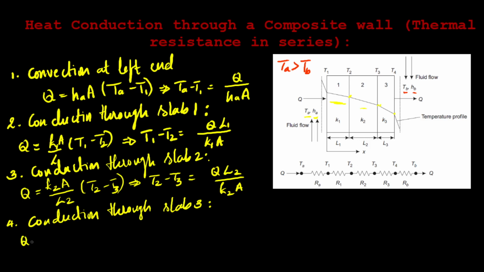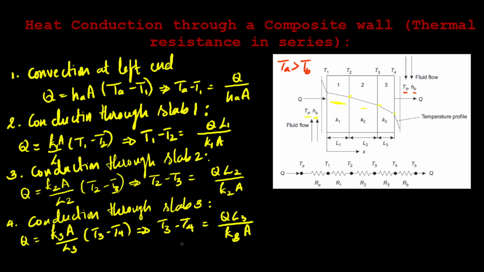So Q will be equal to K3 into A divided by L3 multiplied by T3 minus T4. So this can be written as T3 minus T4 will be equal to Q L3 divided by K3 into A.